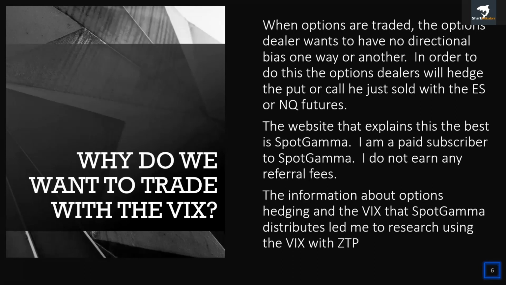They don't want to be bearish or bullish. In order to do that, they need to buy and sell futures. They have to hedge out the calls and the puts that they are selling so that they remain, in options terms, what is called delta neutral.